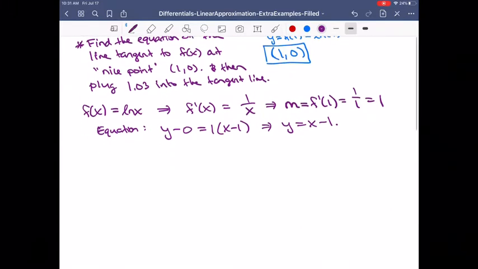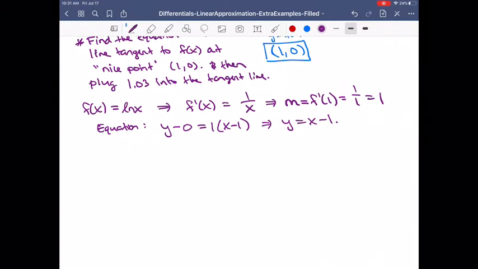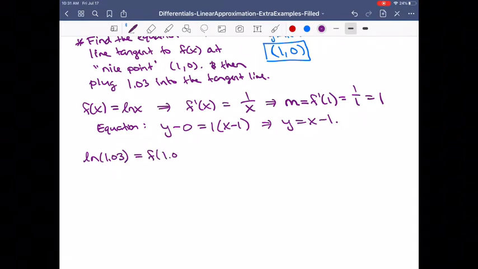So we're going to use this. That means ln of 1.03, which equals f of 1.03, is approximated by plugging into the tangent line. So I plug in 1.03 minus 1, and we get 0.03 as our approximation for ln of 1.03.